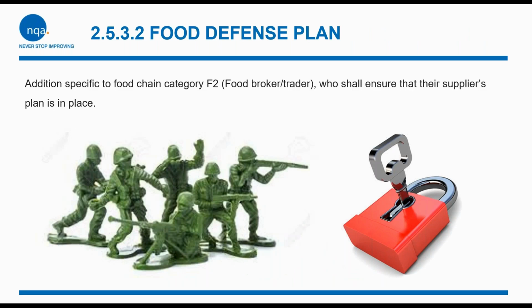Requirement 2532, Food Defence Plan, has had an addition specific to food chain category F2, which is a broker trader, who shall ensure that their suppliers all have food defence plans in place.